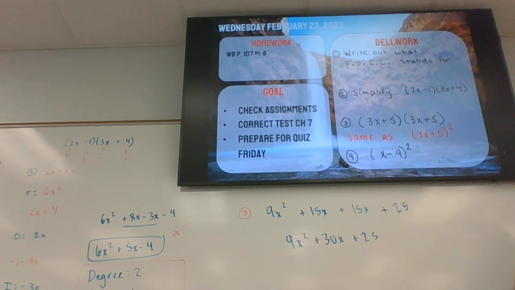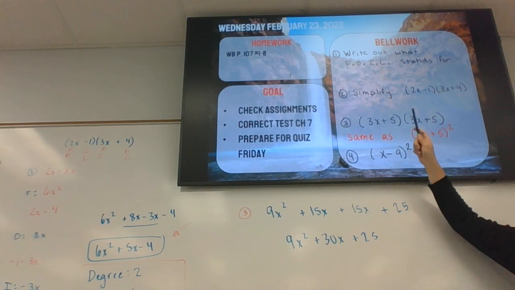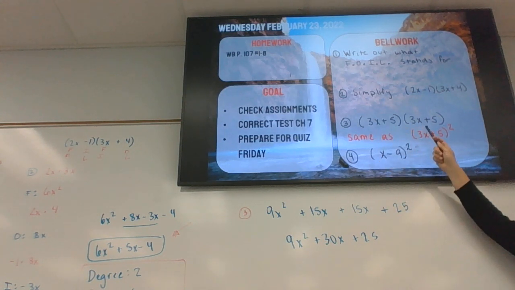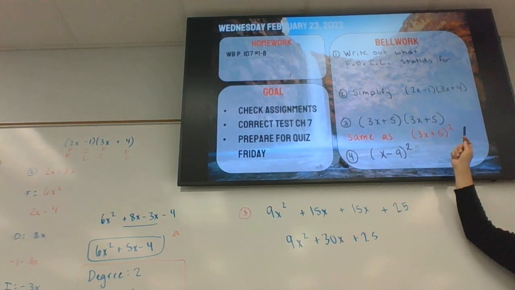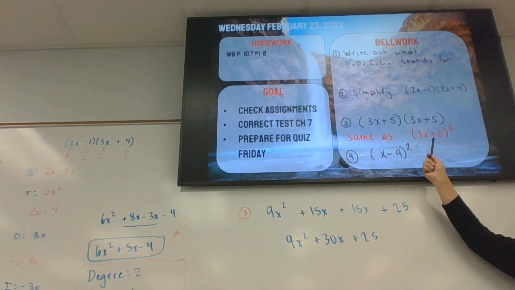Could it not? It could. This times this is just the same as writing it once squared, correct? Because this is multiplication. So anything times itself can be written squared. Okay? Go ahead and write it. So go ahead and write that this and this is the same as this.